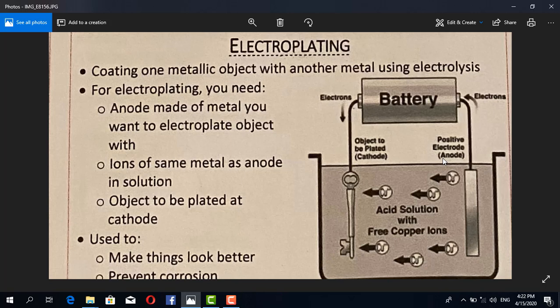As we know, some metals, like iron, rust over time when they react with oxygen, so sometimes we electroplate them with another metal to prevent rusting. For electroplating, we need an anode made of the metal that you want to plate the object with, ions of the same metal in solution, and the object to be plated at the cathode.